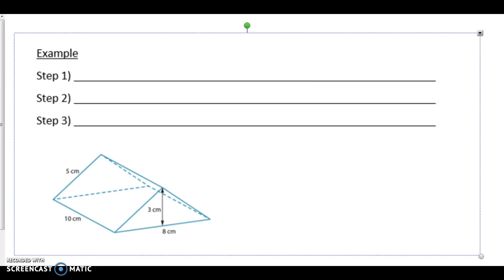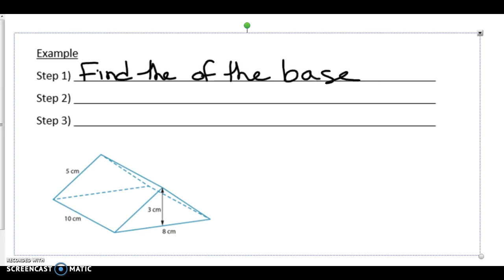Looking at our first example here. The first thing you need to do is find the area of the base. Now remember, the bases have to be congruent, okay, and here they are. For it to be a prism, they have to be congruent. The next step, well, let's look at the area. So I've got a triangle, my height is 3, and my base is 8.